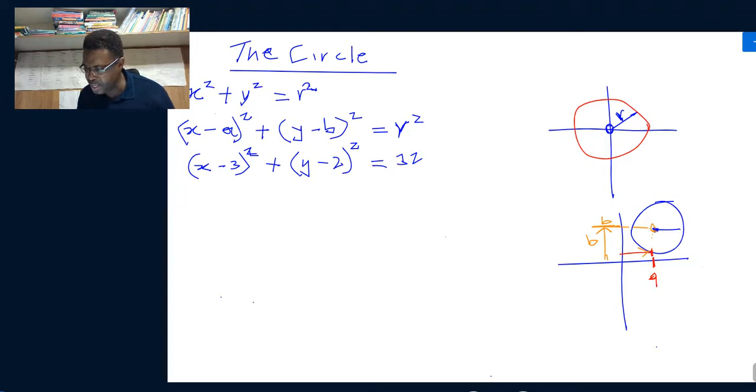This 2 looks like a Z. This is not a Z, it's a 2. This is 32. Let me write it nicely.